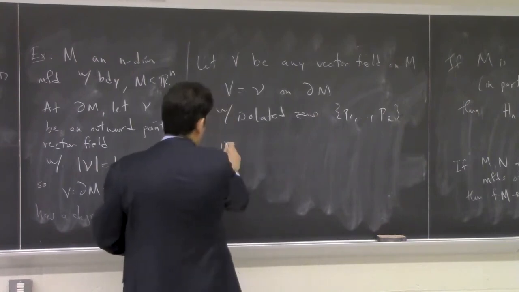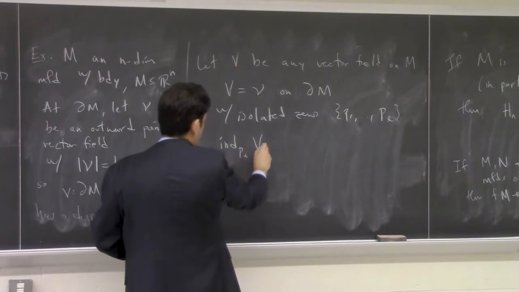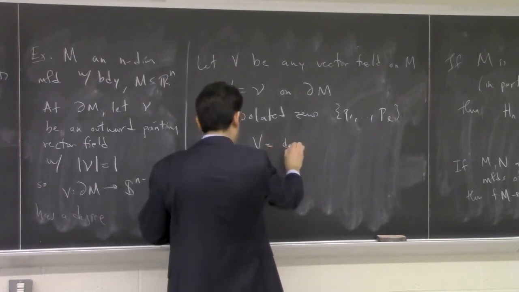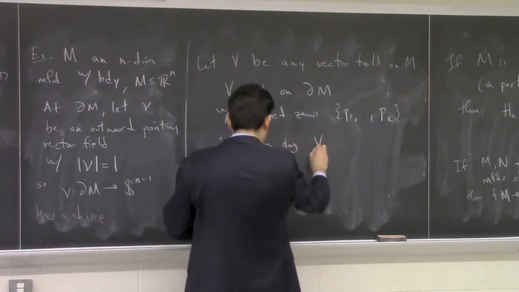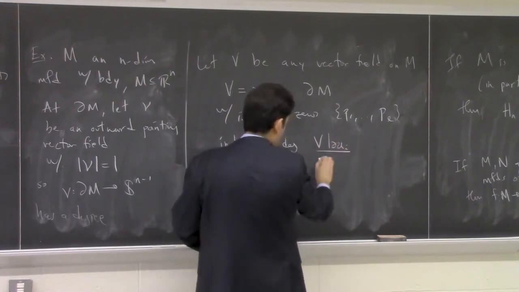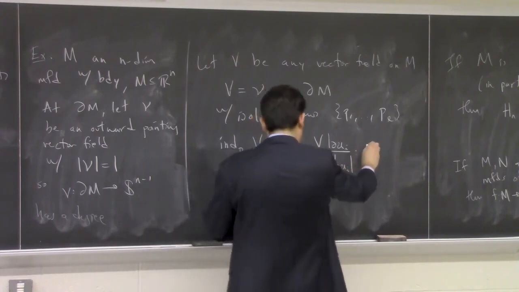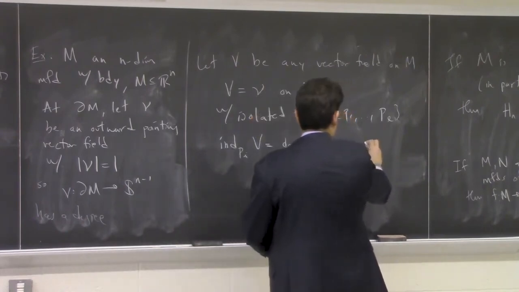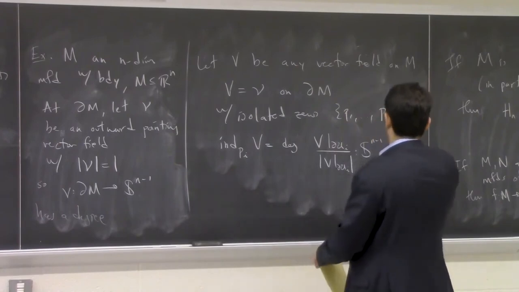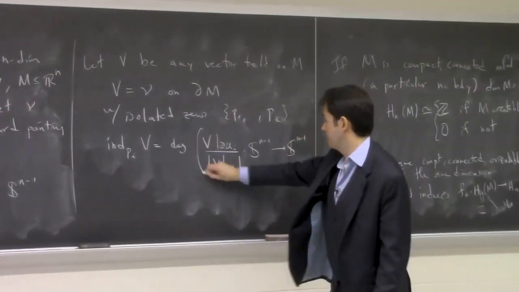The index of V at a point P_i is the degree of V restricted to the boundary of, say, U_i, divided by its size, from S^(n-1) to S^(n-1).